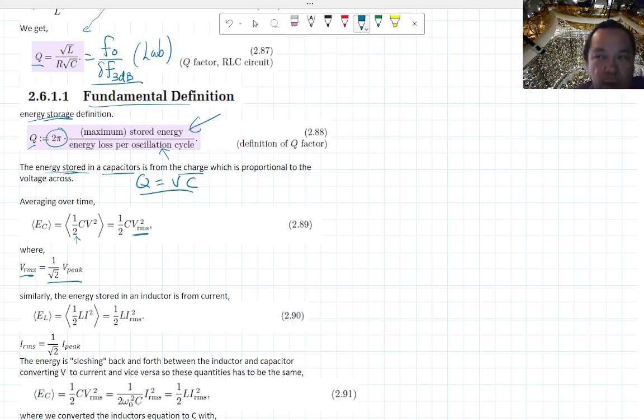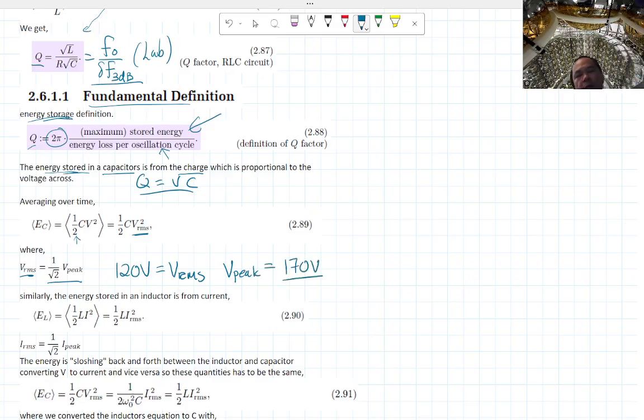In fact, this is how we define the voltages at our outlets. In the US the outlets are called 120 volts, but that is actually the RMS voltage, not the peak voltage. The peak voltage in the US is about 170 volts.